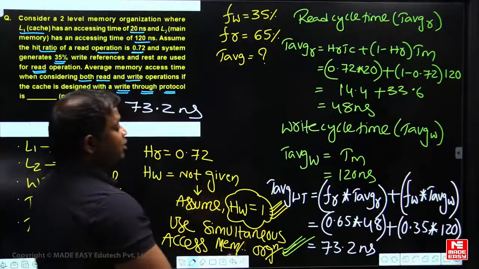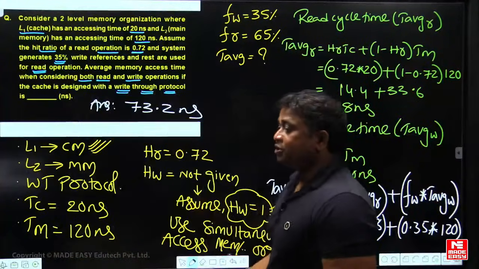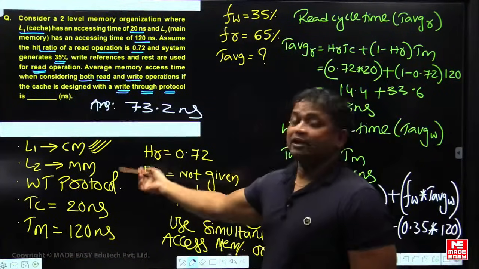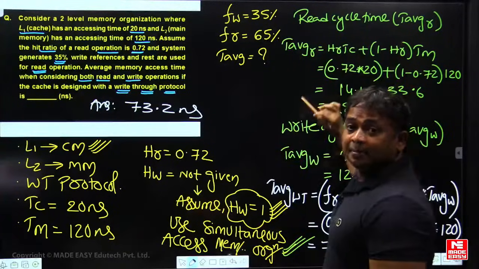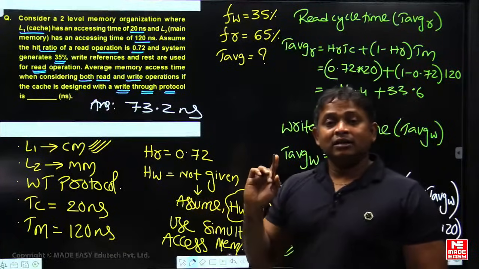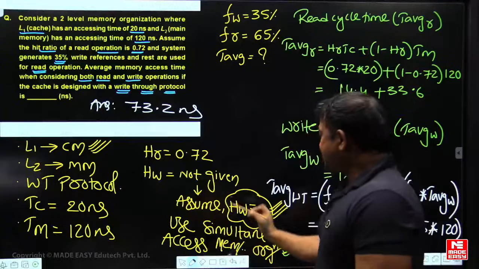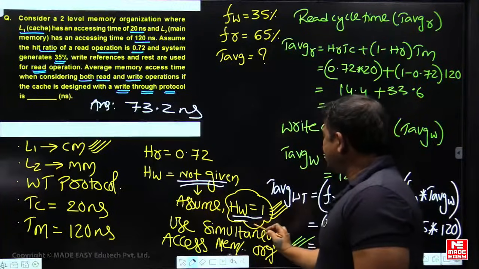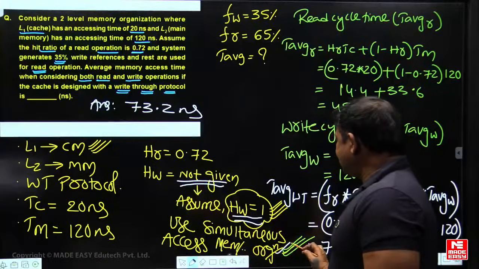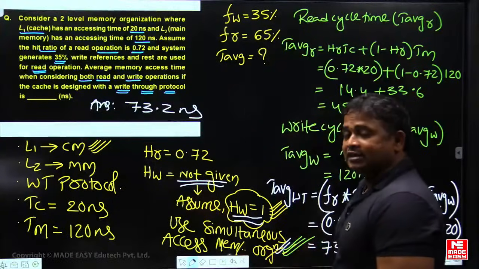So many of you are taking wrong interpretation of that as a hierarchical question. Okay, you think TM plus T, but this is not a hierarchical related question because HW is not given. When HW is not given, assume HW equal to 1. Now memory organization is simultaneous organization.